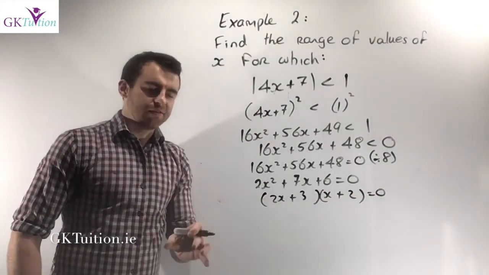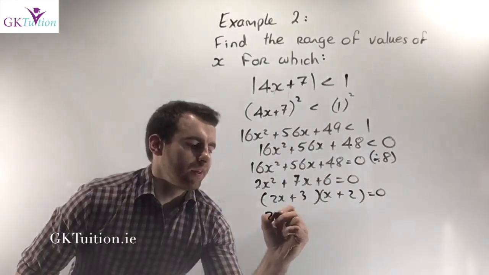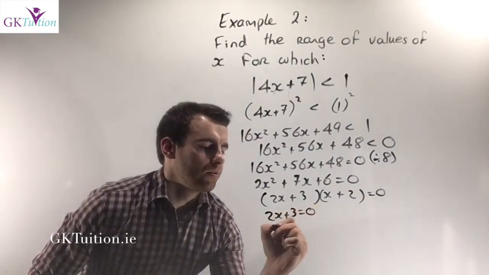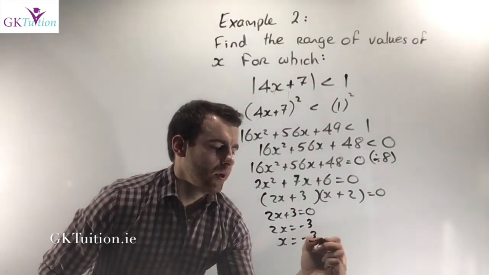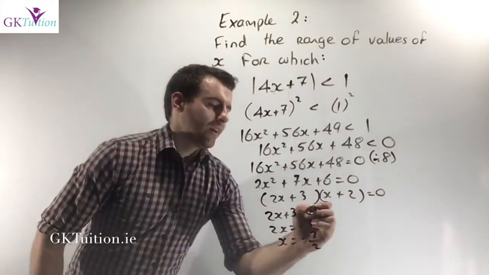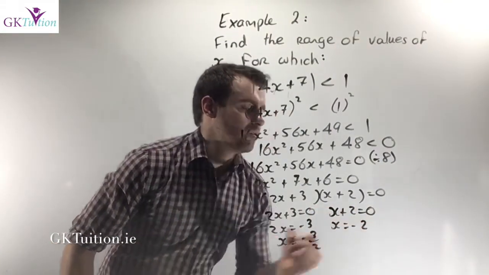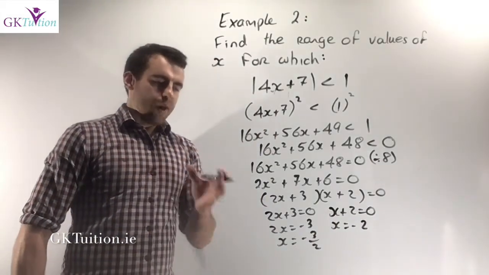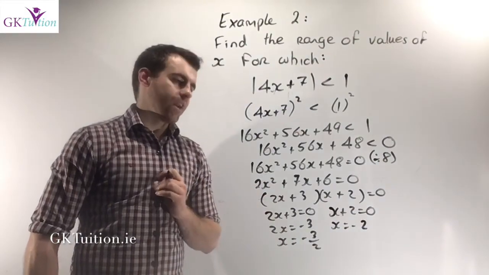And I can just let each factor equal 0 and find the corresponding roots. So 2x + 3 = 0, which means 2x = -3, so x is -3/2. Or x + 2 = 0, which means that x is equal to -2. Remember that the whole point of doing that was so that I could sketch a quadratic.